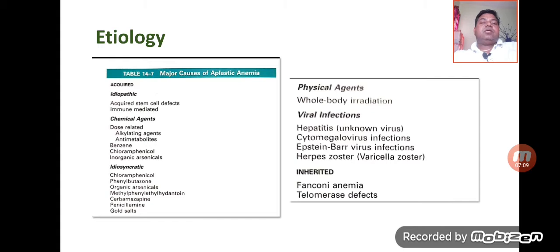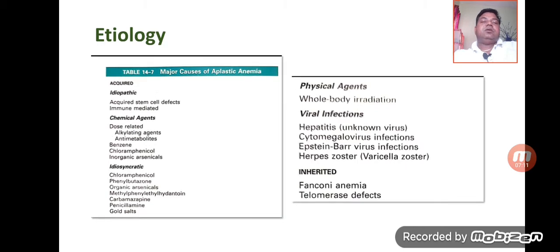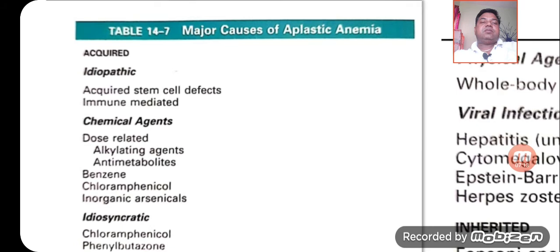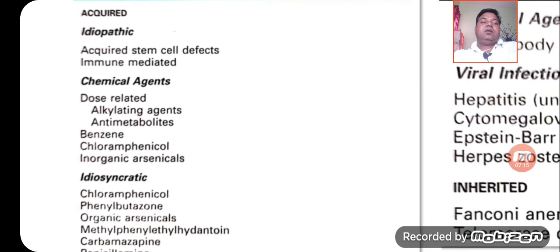If we go through the etiology of aplastic anemia, as we have discussed, there are acquired causes. Most of the time the etiology is unknown, or idiopathic, in which there is an acquired stem cell defect and immune mediated destruction of the hemopoietic cells.